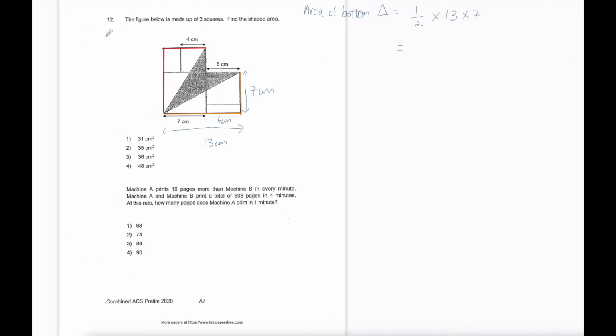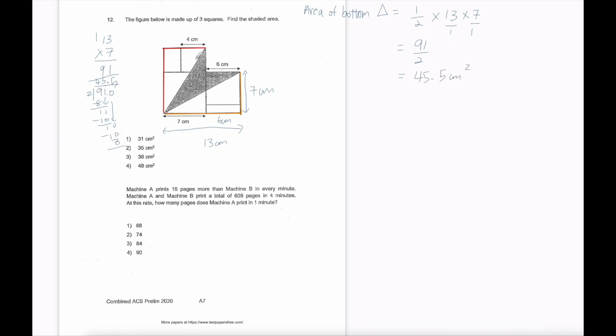Okay, 13 times 7 is 91. Hold on. So it's 91 over 2, which is 45.5.